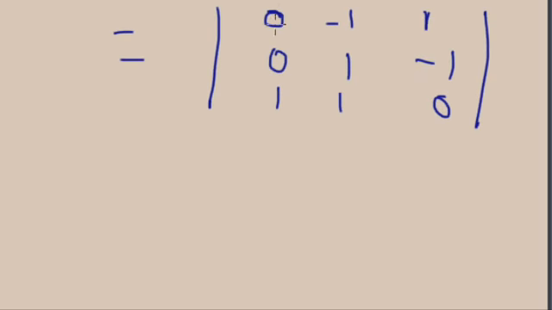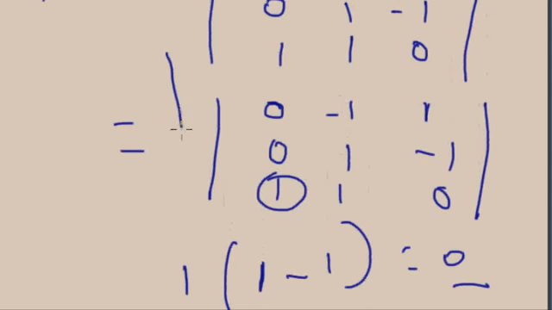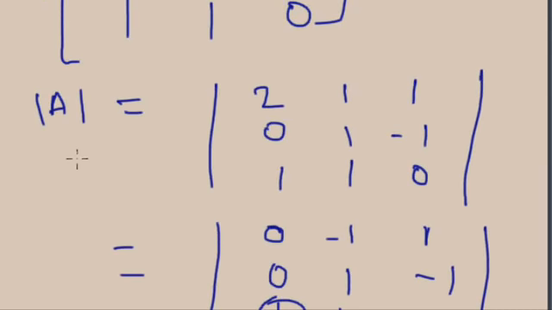In this I am expanding through this column: 0, 0, and for the last, 1 into 1 is 1, minus 1 into minus 1 is 1, minus 1 into 1 is minus 1, so 0. That means the determinant value of A is 0.